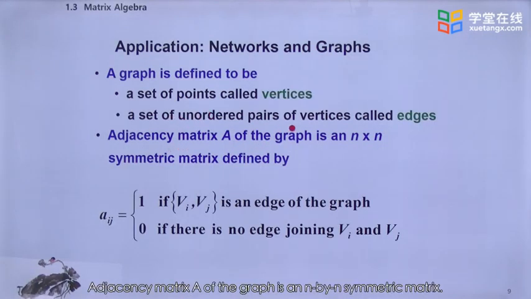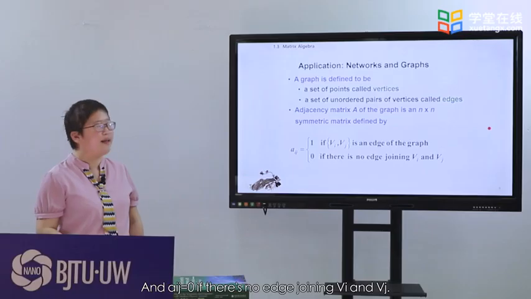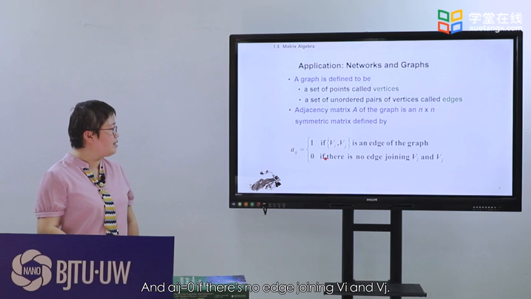The adjacency matrix A of the graph is an n by n symmetric matrix defined in this way. So the ij entry of this adjacency matrix equals 1 if vi and vj is an edge of the graph. So vi and vj, these two vertices, they are connected. Okay, and aij equals 0 if there is no edge joining vi and vj.